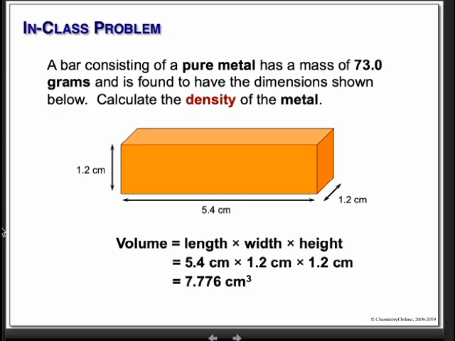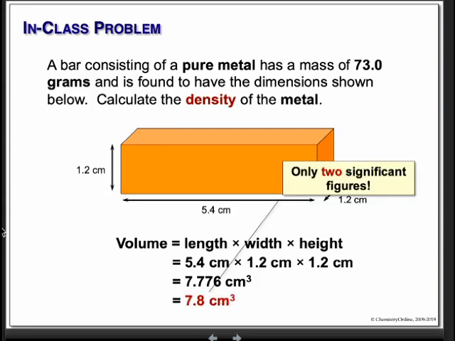Now, remember when you are doing a measurement, you're doing significant figures, right? All of these numbers here are reported to 2 significant figures, which means that we must round this to 2 significant figures, so that would be 7.8.